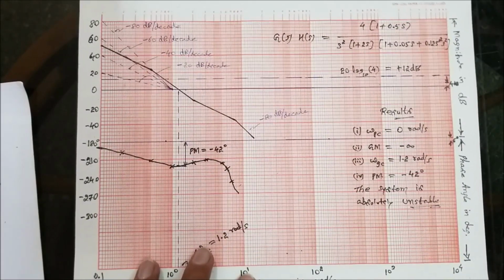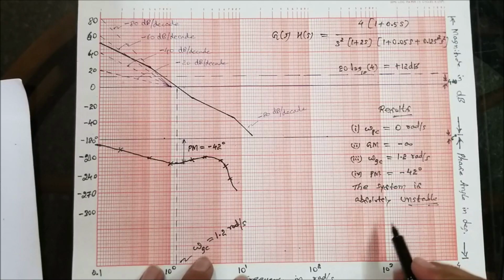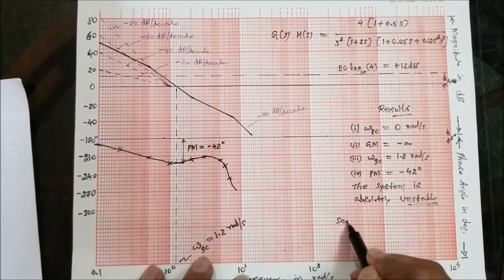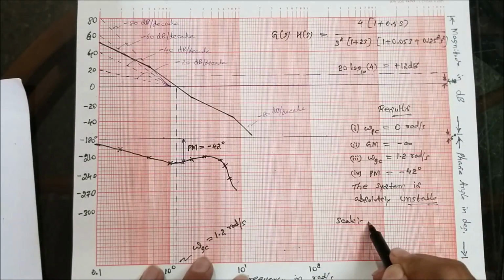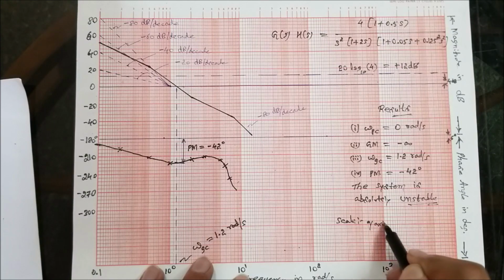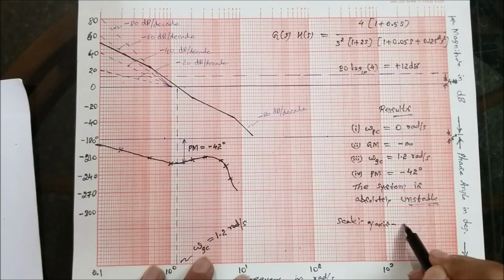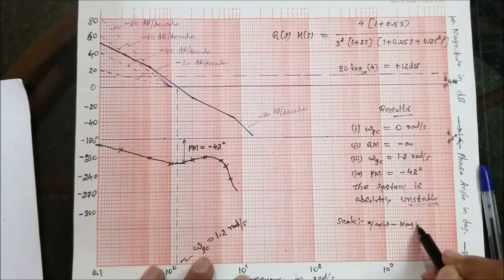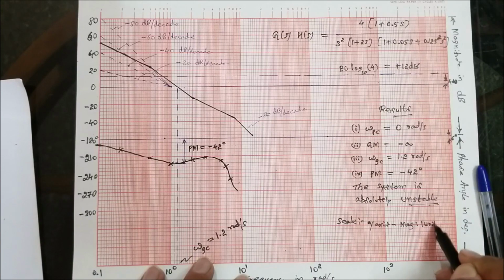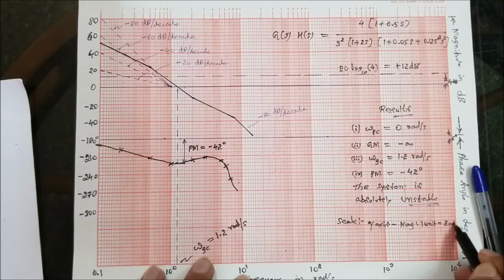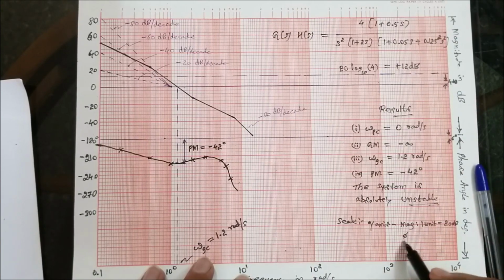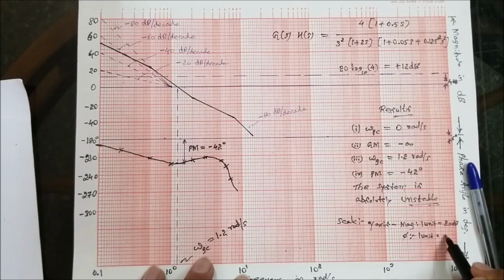Finally, I forgot to write the scale, so let me put the scale for this problem. What is the scale chosen for this problem? We have taken scale only for the y-axis. For the magnitude plot, I took 1 unit as 20 decibels, and for phase angle, I took 1 unit as 30 degrees.